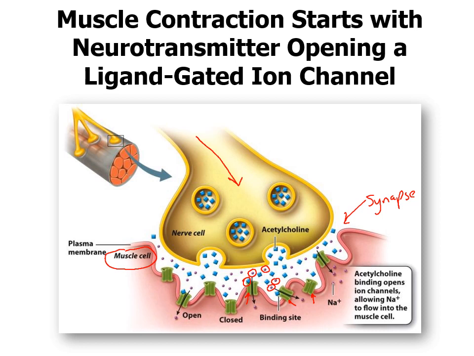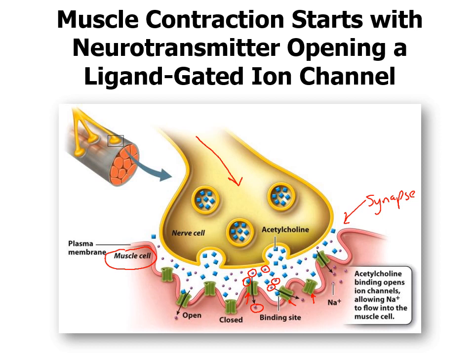So acetylcholine binds the ion channel, causes it to open, and then sodium flows through into the muscle. Okay? So, muscle fires, acetylcholine comes down, it binds the ion channel, sodium enters the muscle cell.